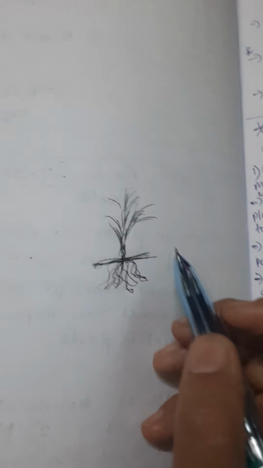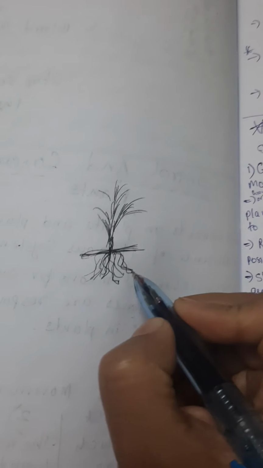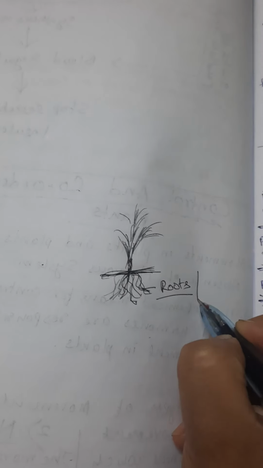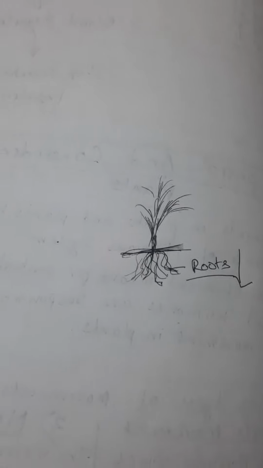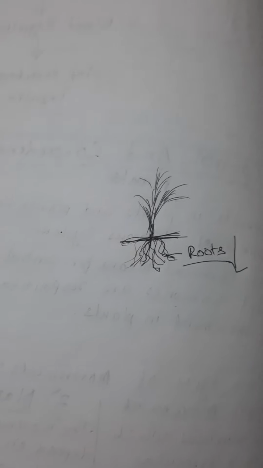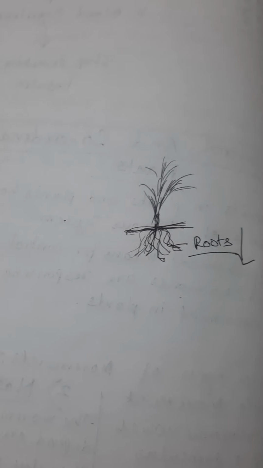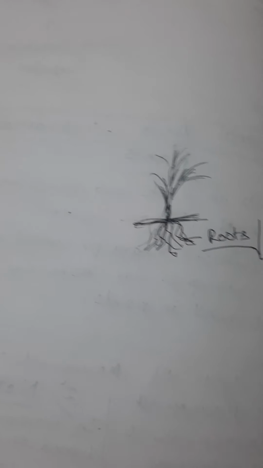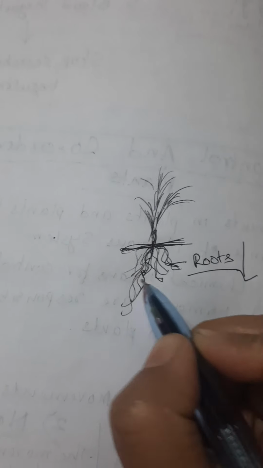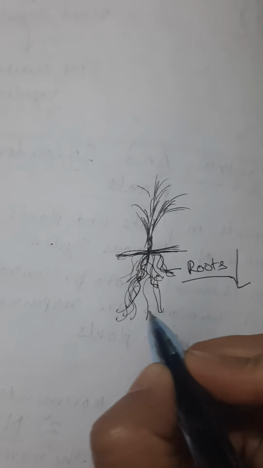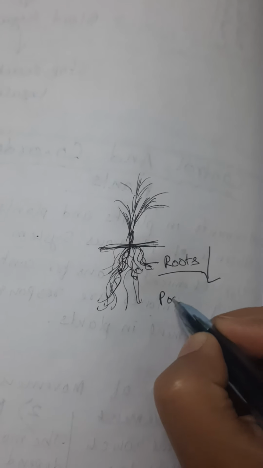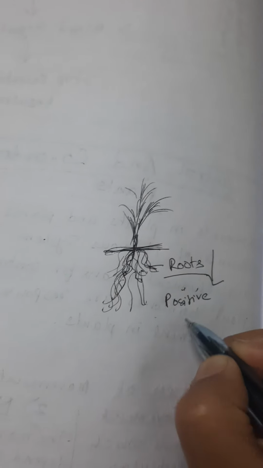Now here what we can see is these roots, they are moving towards the earth. That is, we know that gravitational force is very much high below the earth, inside the earth as we go deeper and deeper. So when these roots are moving towards the inner part of the soil, these roots show positive geotropism.